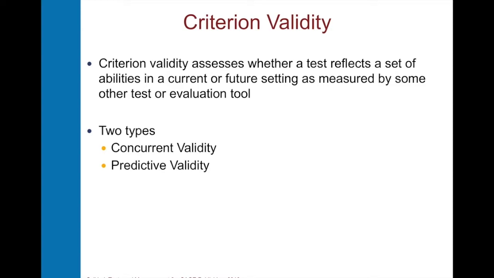Quick note, since we're talking about criterion validity, I'm also going to point out right now, and I'll point out again later, that the difference between criterion and construct validity, a lot of times it's based on the intention of the investigator or where this testing is coming from.